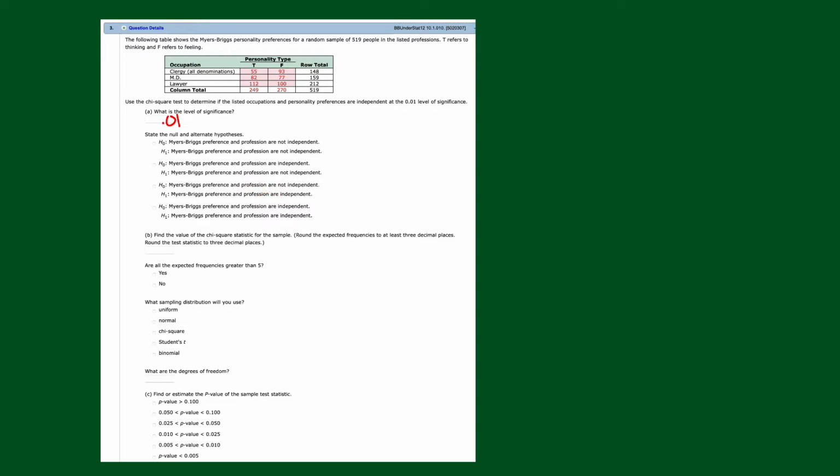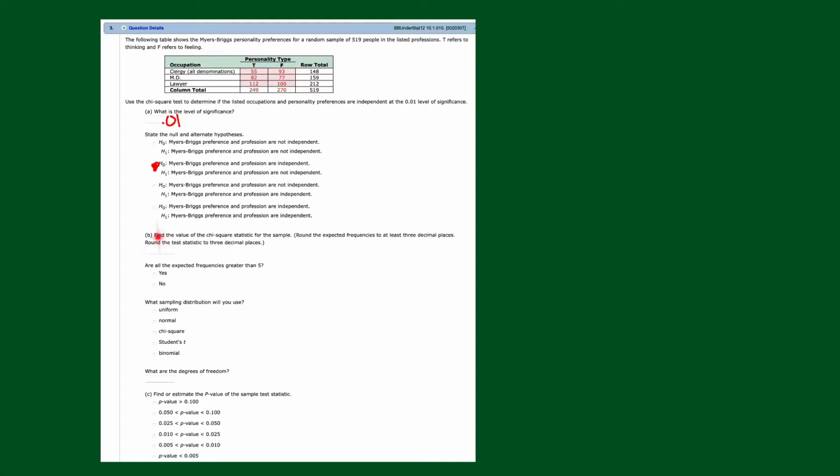Forget that one. Okay, these are both independent. I think we have to go with this, that your profession and your preference are independent versus that they are not independent. So let's go with this one here.